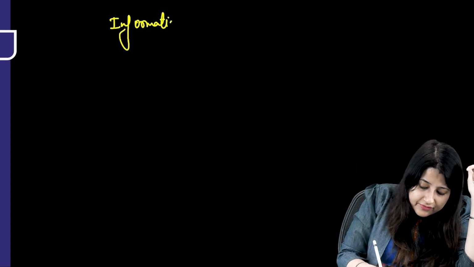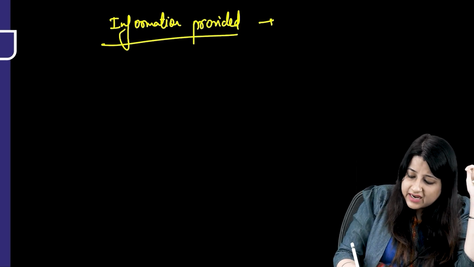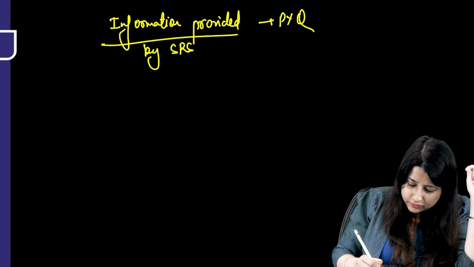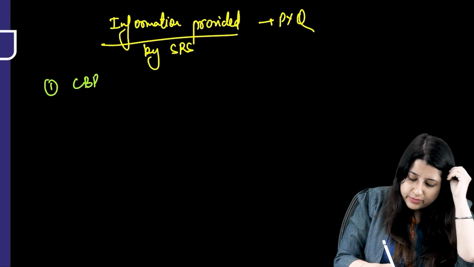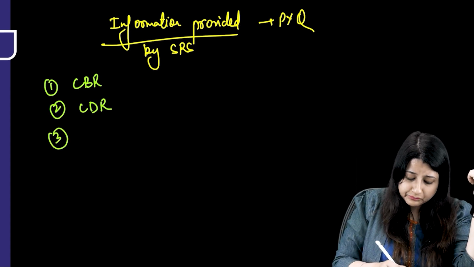Now, another important question: SRS provides us information on what? This is an MCQ. In fact, it's a PYQ. Information provided by SRS: number 1, crude birth rate. Number 2, crude death rate.